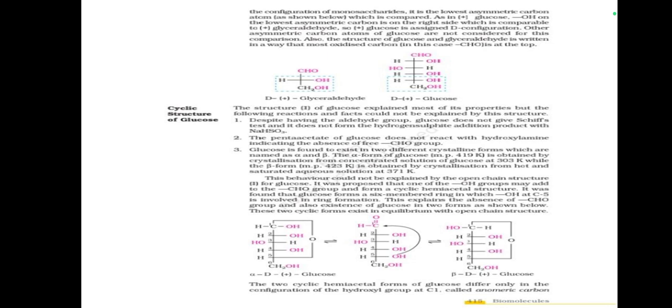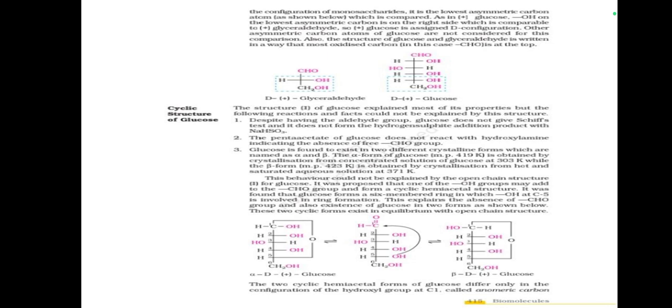It was proposed that one of the OH groups may add to the CHO group, and it was found that glucose forms a six-membered ring in which the OH at C5 is involved in the ring formation.